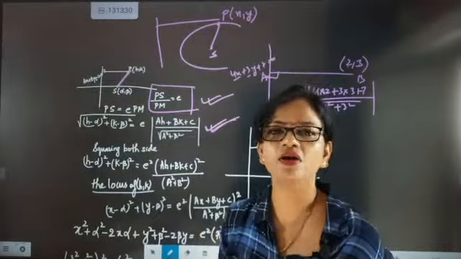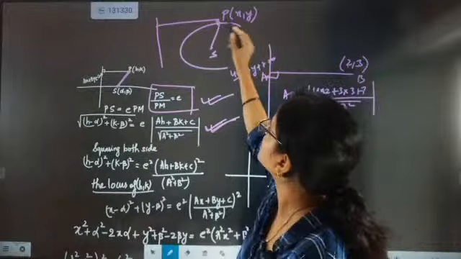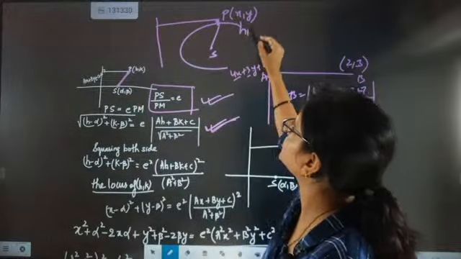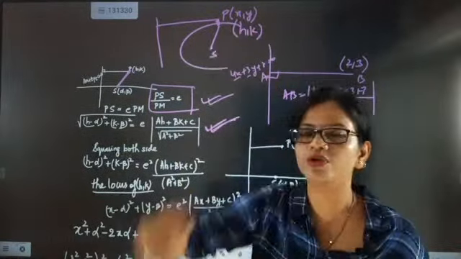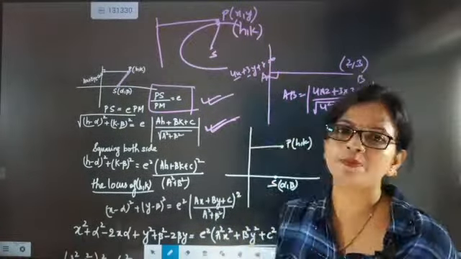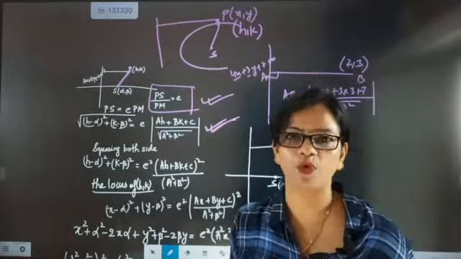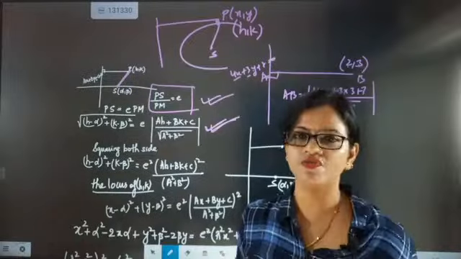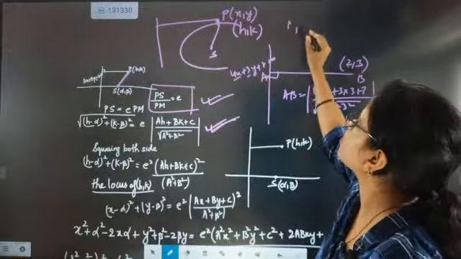Since it is bearing a constant ratio, one thing here is that first I have written h and k. Gautam, I think this point is going to create a problem for you. I have written h and k, but since (h, k) is one specific point, you can take it as (1, 2).